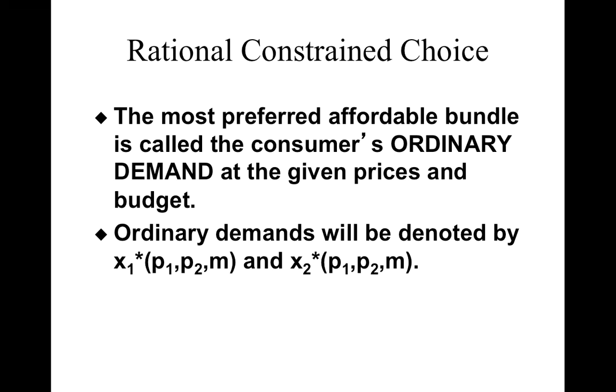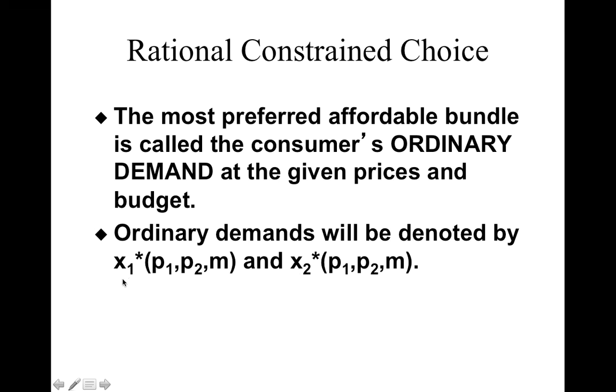Ordinary demands will be denoted by x1 star, and we will write all the arguments from the budget constraint in the bracket. It signifies that x1 star is x1 star because of p1, p2, and m. If these change, then x1 star is going to change. Similarly, x2 star also has the same arguments in the bracket.